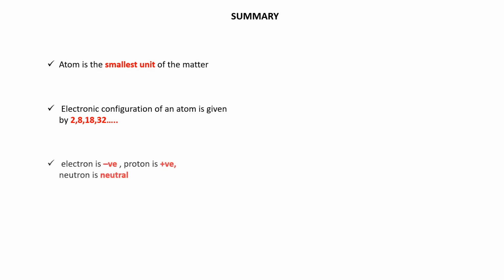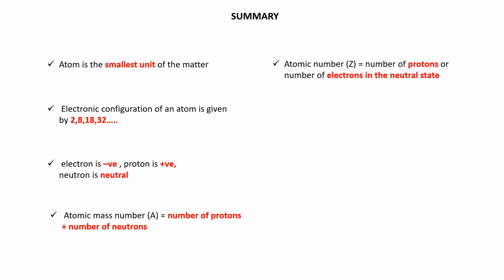The third point is electron is negative, proton is positive and neutron is neutral. The fourth point is atomic mass number, denoted by capital A, is nothing but number of protons plus number of neutrons. The fifth point says atomic number, denoted by Z, is nothing but the number of protons or the number of electrons in the neutral state.